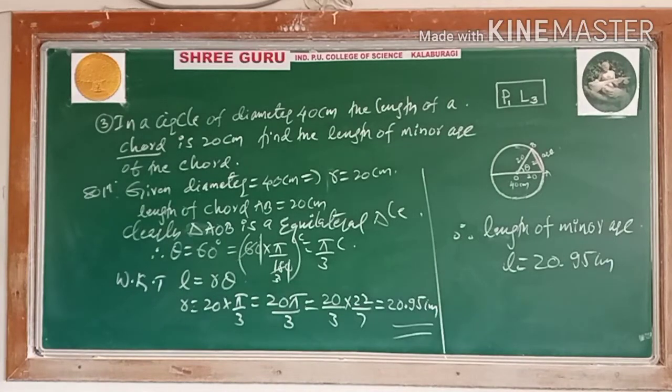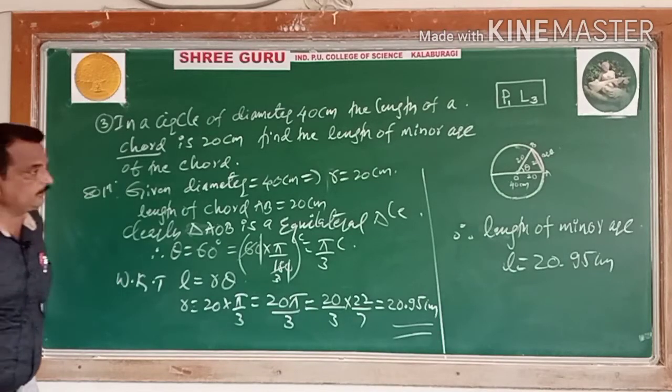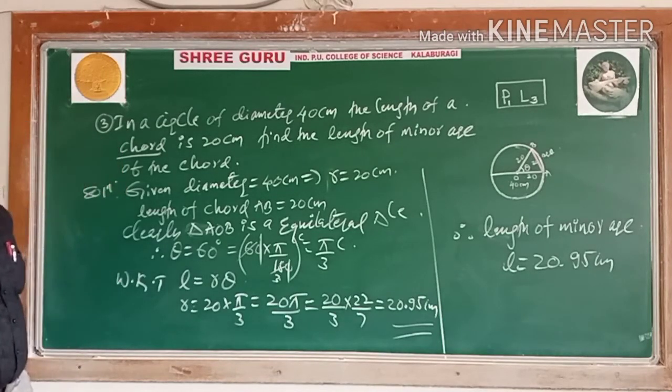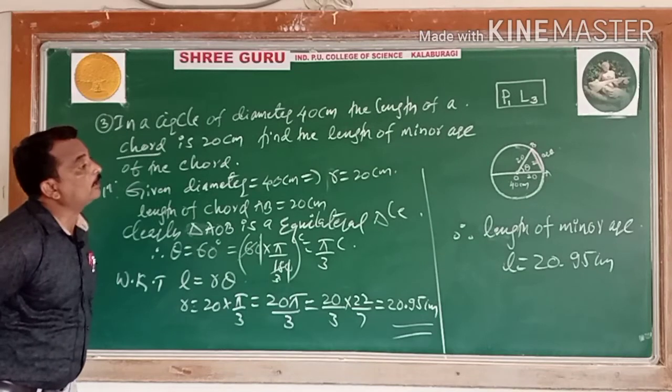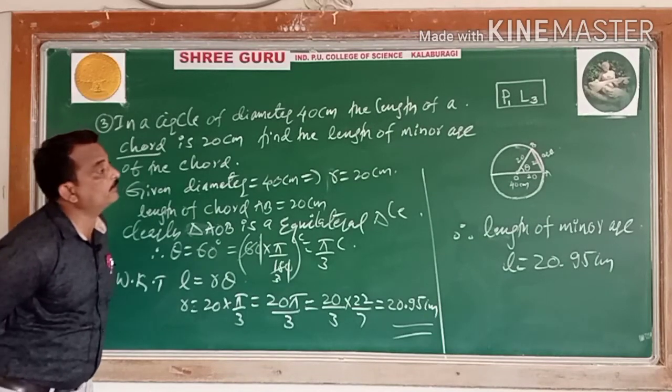Let us go for the fourth example. This is the third example here, same type. Here diameter is given, but radius is not given. The angle subtended is also not given. Using the radius and chord we have calculated the angle subtended at the center.